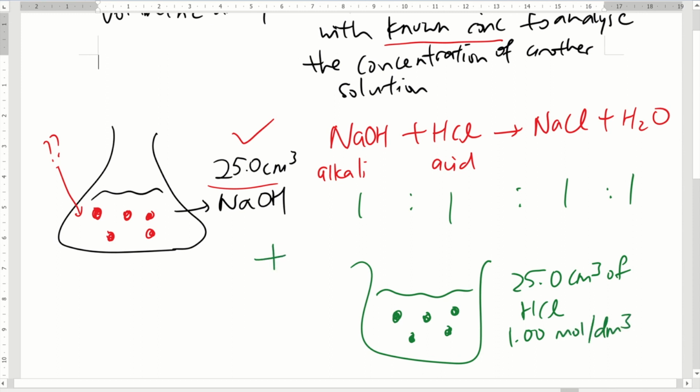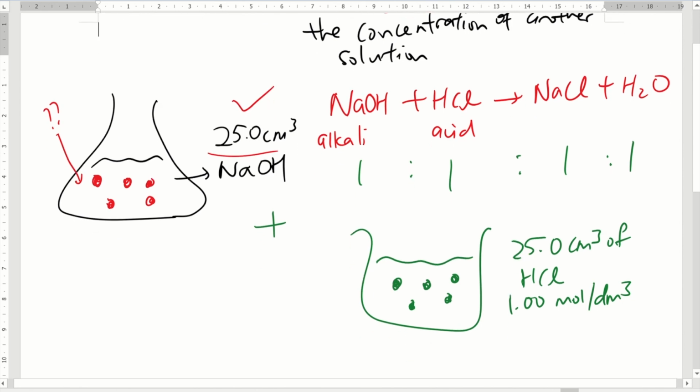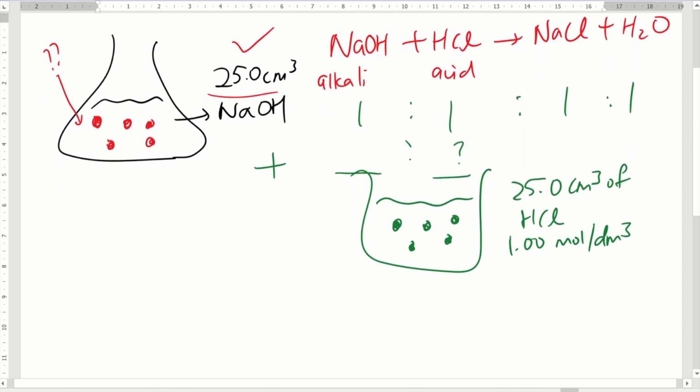So when these two react, they react with each other completely. I need to find out the number of moles here, and then I compare it with NaOH. So what formula should I use? What formula can you use to calculate the number of moles?